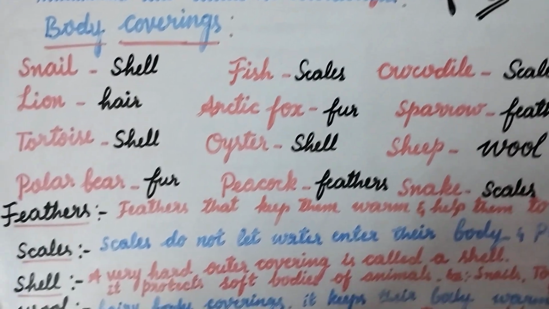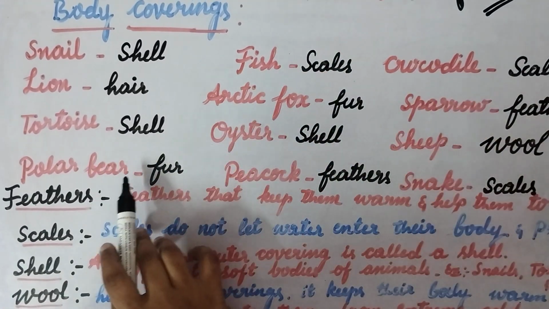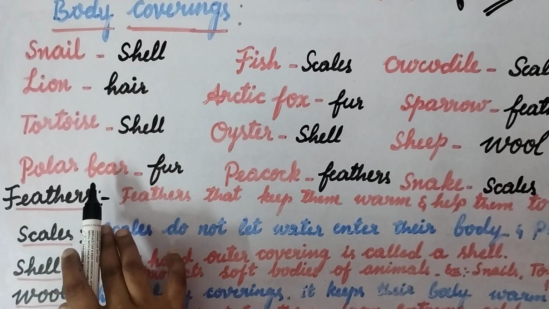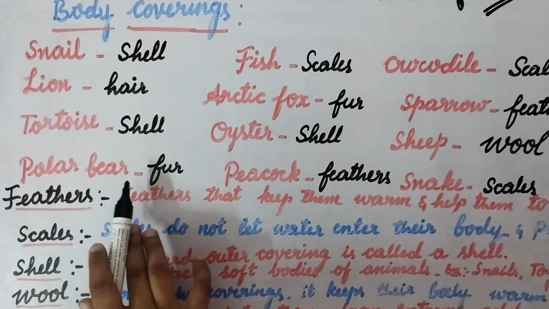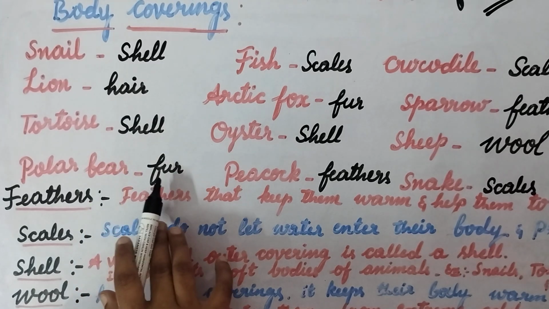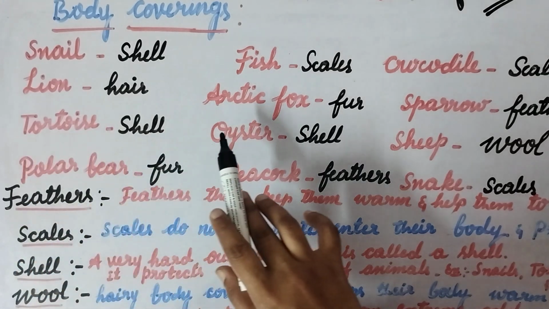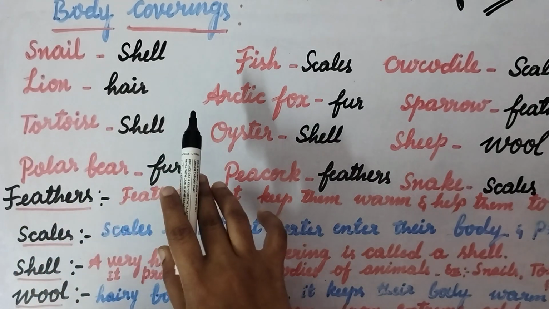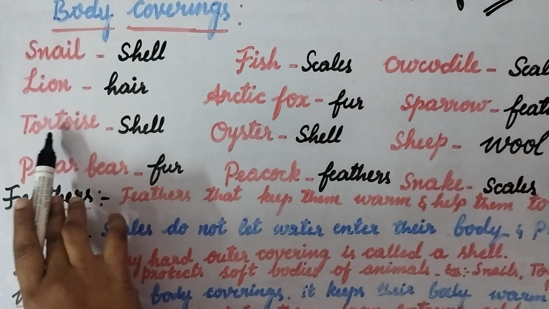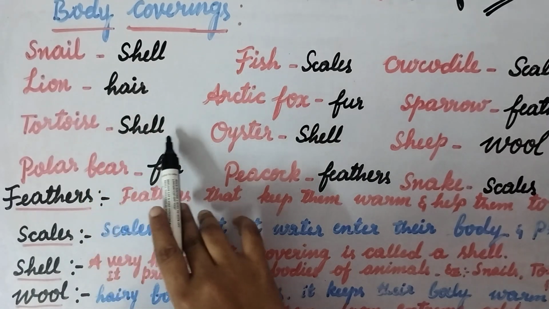Next one, polar bear. The polar bear is also present in the polar region, and the body covering of the polar bear is fur. Fur. Tortoise. Where is it present? It is present in water as well as on land. Its body covering is a shell.